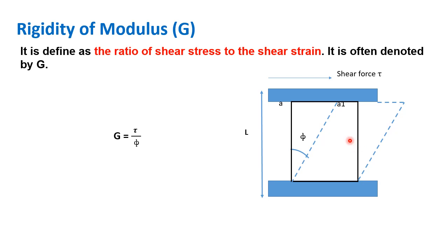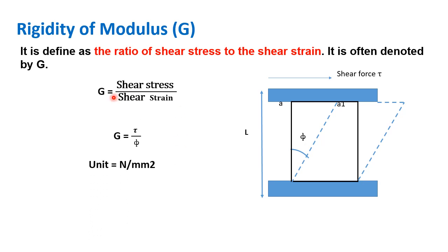The change in the tangential angle in the direction of the force is called shear strain, or we can say the angular deformation, which is denoted by the term phi, is known as shear strain, and the force which is applied here is the shear stress.